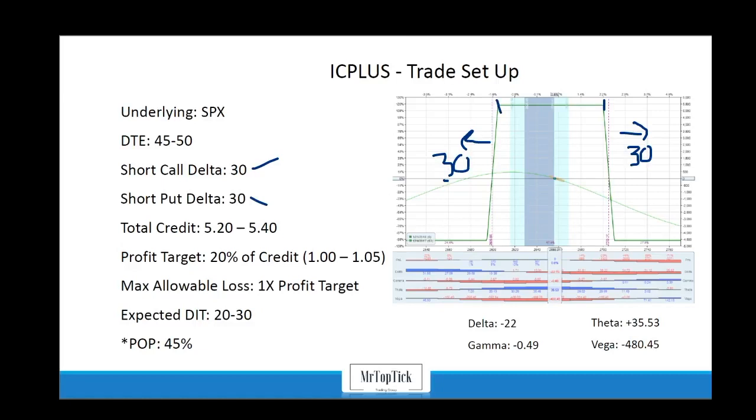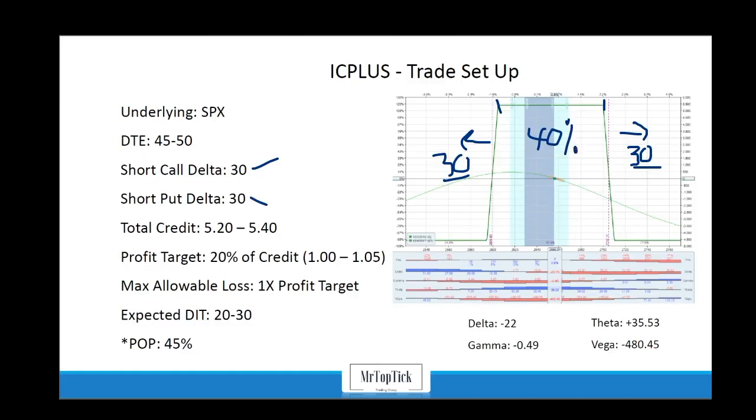So if we have a 30% chance of being outside of our profit area on the downside, and a 30% chance of being outside of the profit area on the upside, there's about a 40% chance that we're going to be somewhere in between.